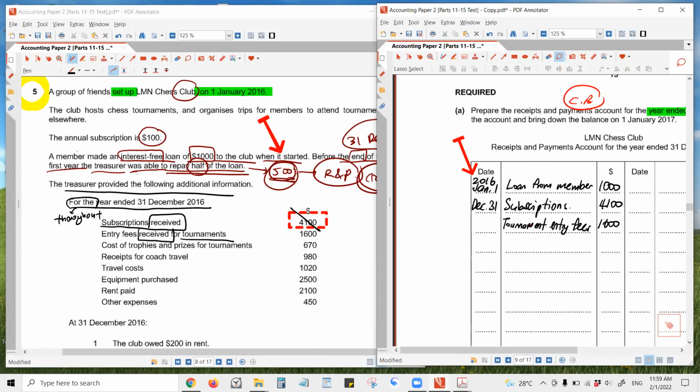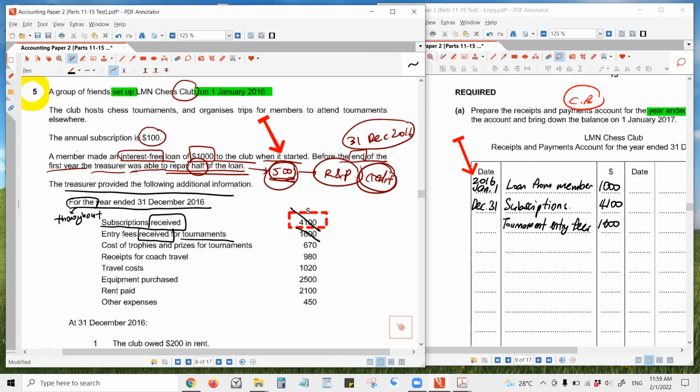And then next, cost of trophies and prizes for tournament. Imagine when you organize competitions, you must distribute prizes at the end of the competition, right? To reward those winners.